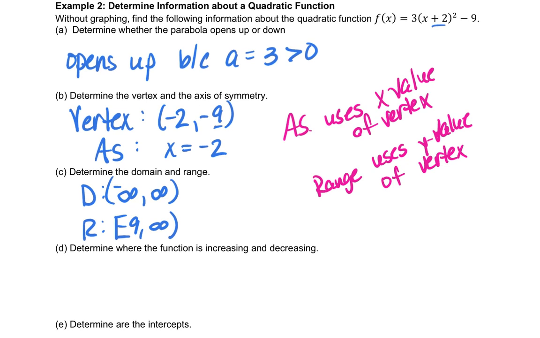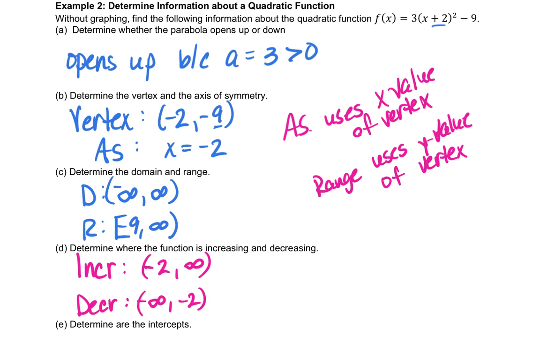All right, increasing and decreasing. So it is increasing, so remember you're looking at your x. So it's increasing from negative 2 to positive infinity. It's decreasing from negative infinity to negative 2.